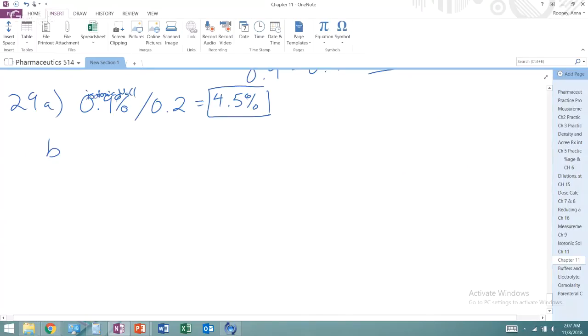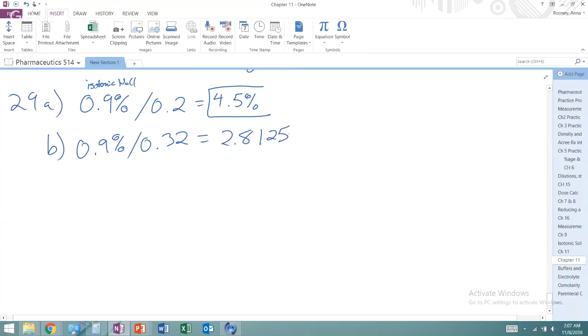And then B is 0.9%. You divide it by 0.32, and that equals 2.8125%. And then C is the same thing.